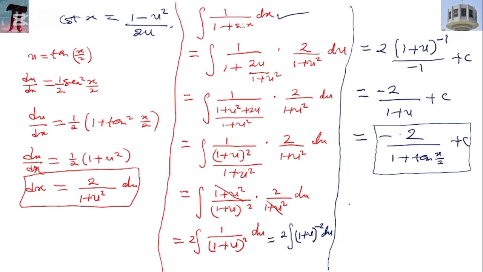Another method can give the answer, I think, tan x minus sec x plus c. I may discuss this particular method in another video. So you can get tan x minus sec x plus c as an alternative solution, but using the Weierstrass substitution method, you're going to obtain minus 2 over (1 plus tan(x/2)) plus c as your result.